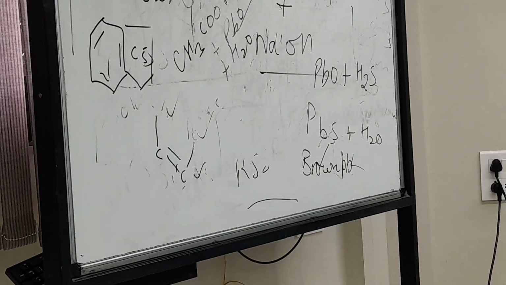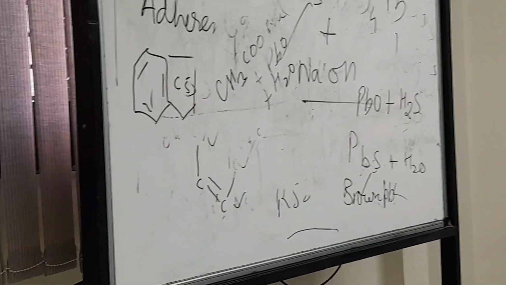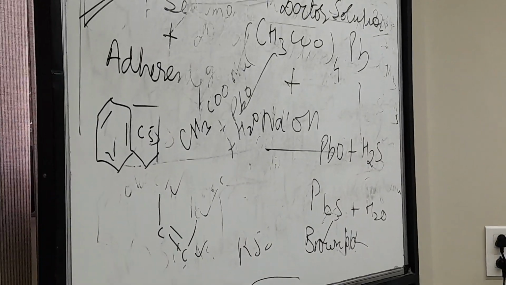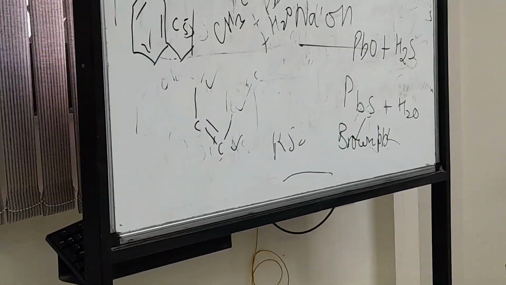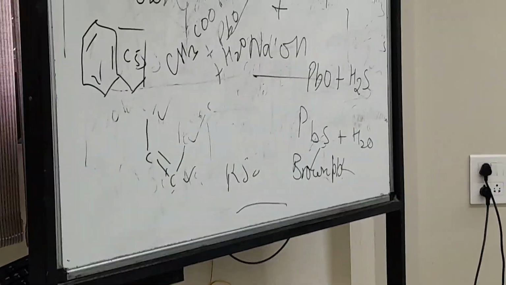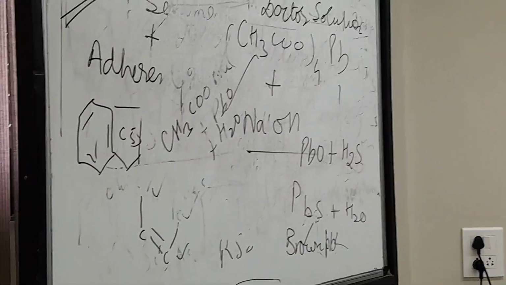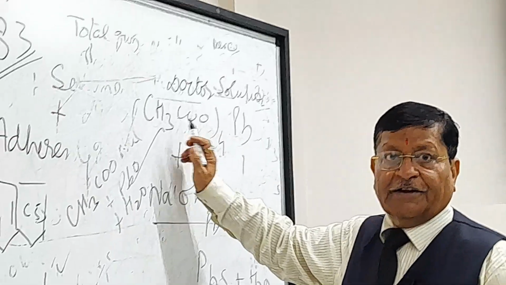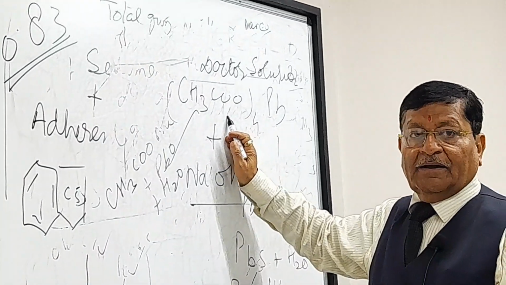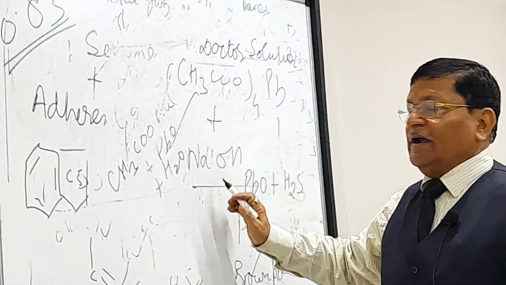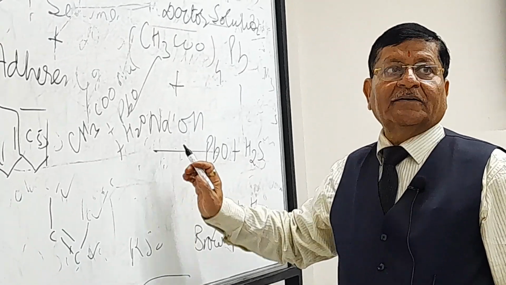Just you take 5 ml of the doctor solution, 10 ml of your fuel. So doctor solution is the chemical only. For making the doctor solution, you have to take the lead tetraacetate and sodium hydroxide.